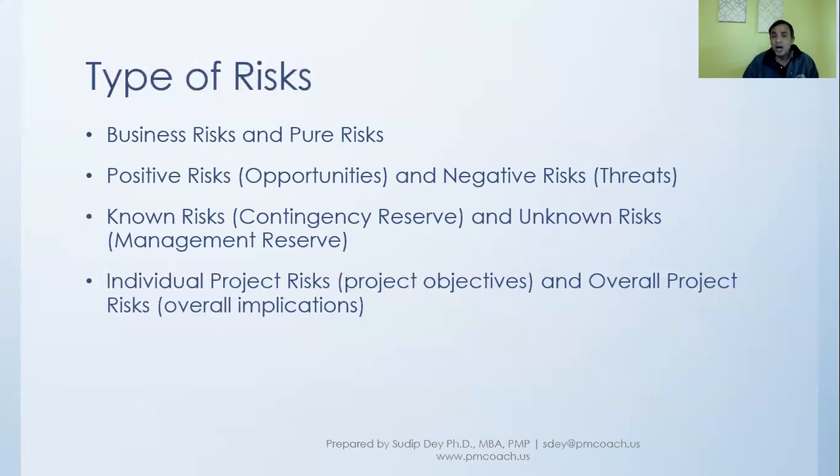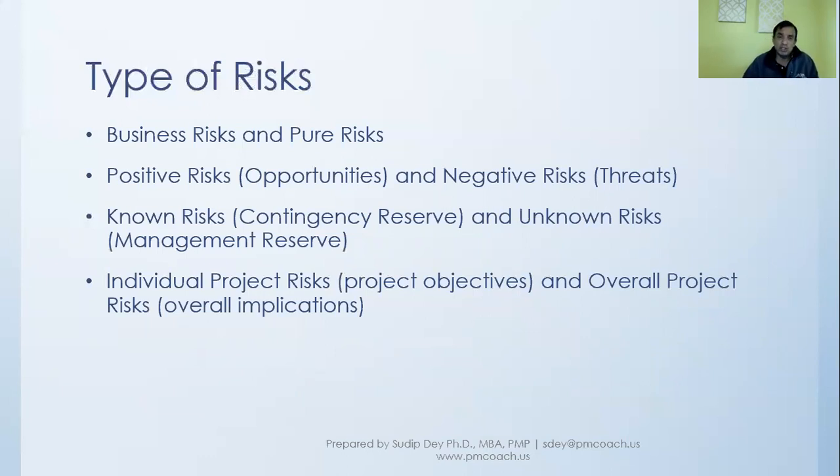Then there are individual project risks and overall project risk. Individual project risks are those risks that will impact one or more objectives in the project. So maybe it is something that will impact your schedule. That is what you identify, and that is an individual project risk.